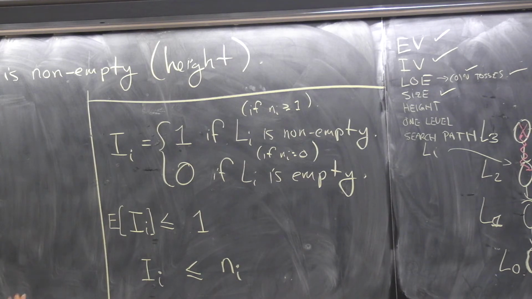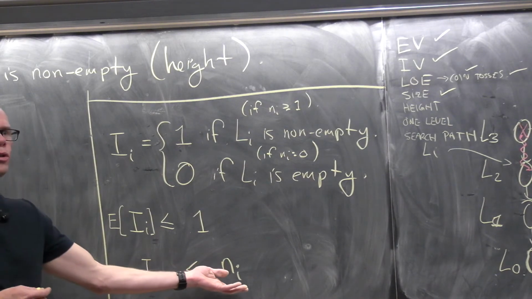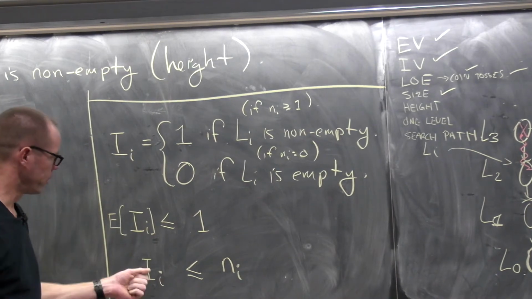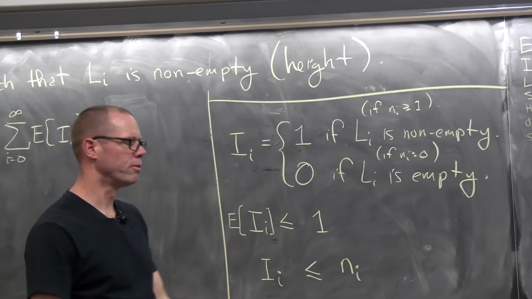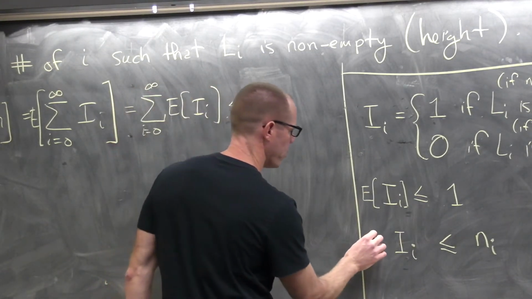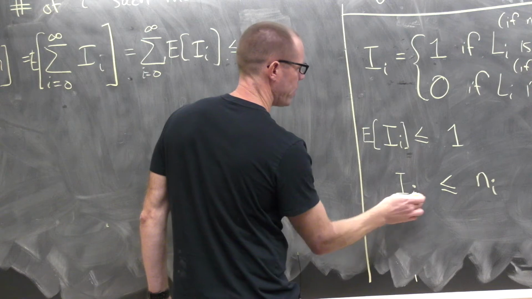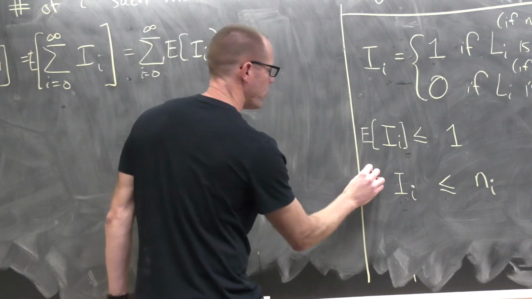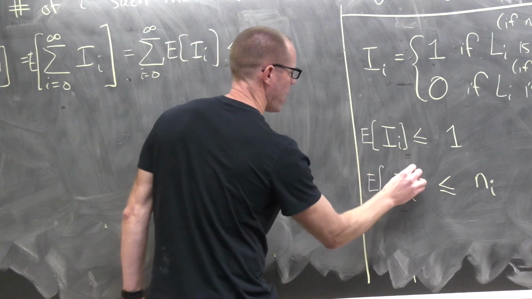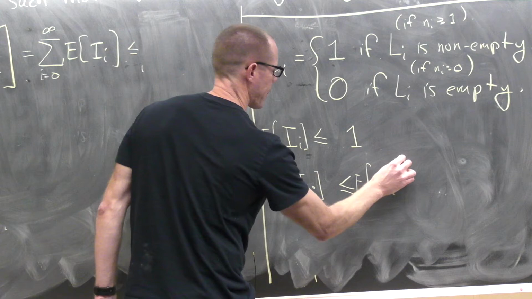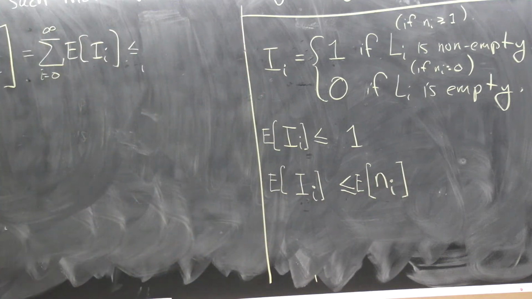It doesn't feel useful at the beginning because this seems like some huge number, n, right? We have millions of elements in our list. Then I sub I is less than or equal to millions. But actually, that's not quite true. If I sub I is less than or equal to n sub I, it's also true that its expected value is less than or equal to the expected value of n sub I.